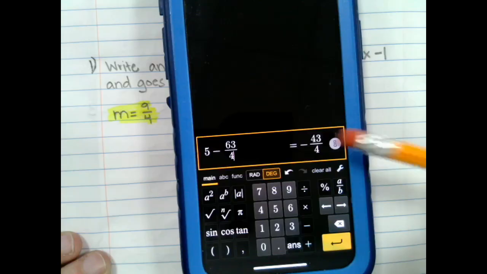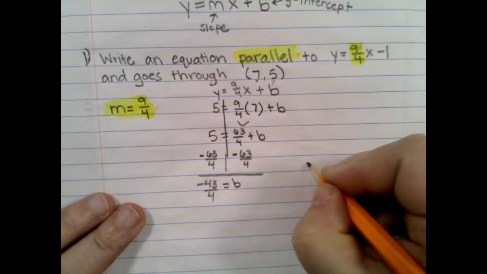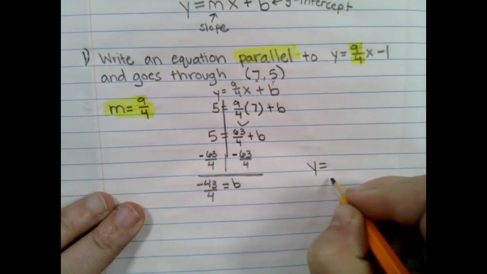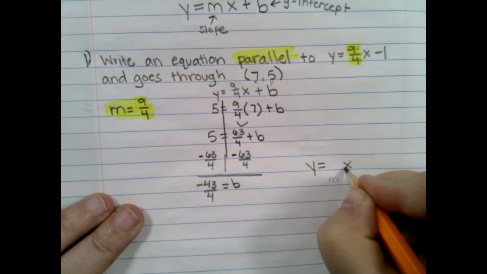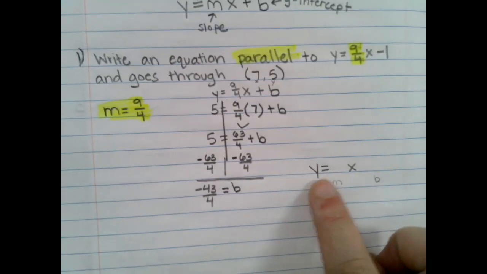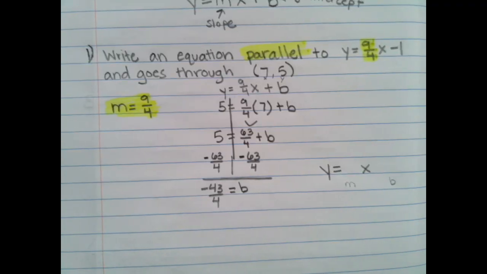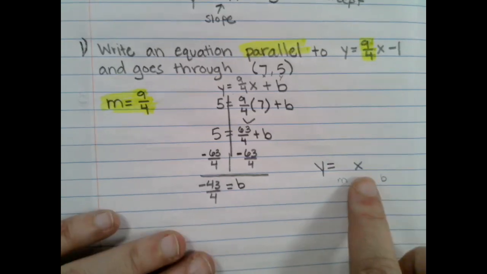Okay, so right here, that negative 43 over 4. So for our final answer we want it to look like y equals, we need an mx, and then our b. So we need to fill in the numbers here. All right, final answer should have a y and an x involved. So what's going to be the coefficient of the m? Or the coefficient of the x? What's our m?